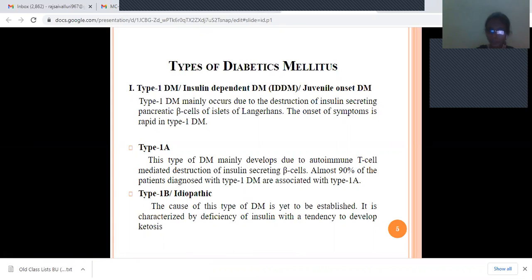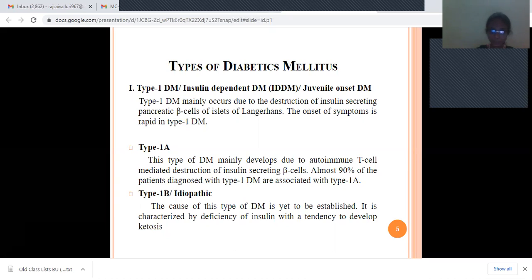This type of diabetes mellitus mainly develops due to autoimmune T cell mediated destruction of the insulin-secreting beta cells. So the beta cells get destroyed, and almost 90% of patients are diagnosed with this type. Most people suffer from this type 1A diabetes.